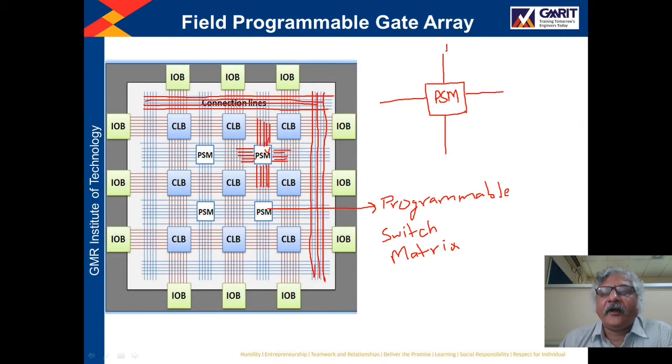Suppose this is wire number 1, this is wire number 2, this is wire number 3, and this is wire number 4. Let us assume some signal is coming from wire number 1.